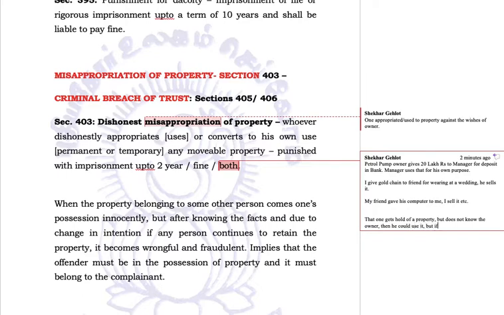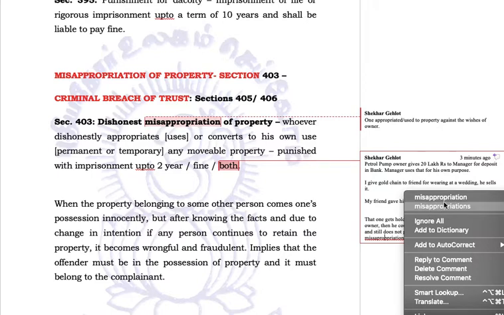But if he gets to know the owner and still does not give it back, then he is guilty of criminal misappropriation of property. Okay, then he is guilty of criminal misappropriation.